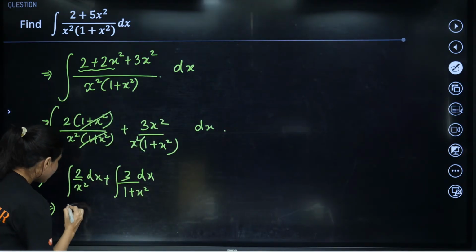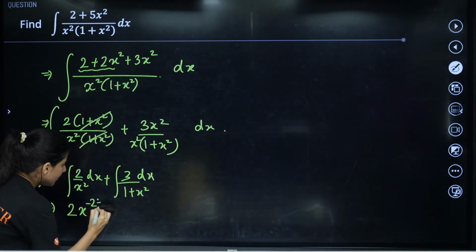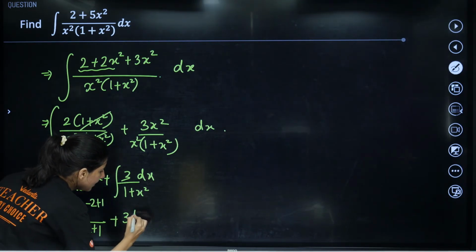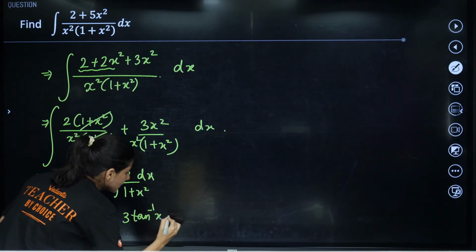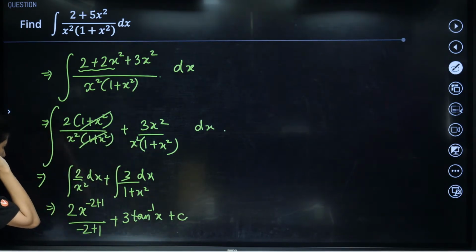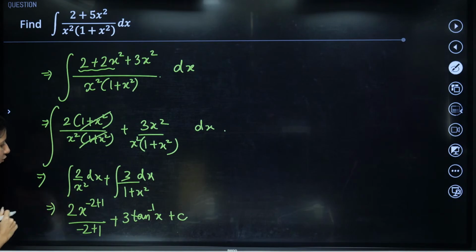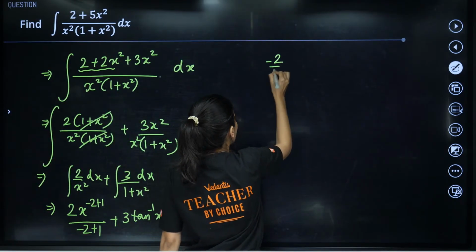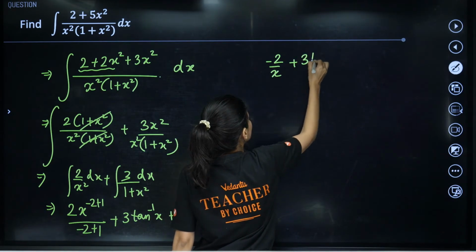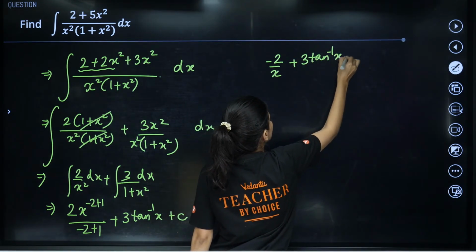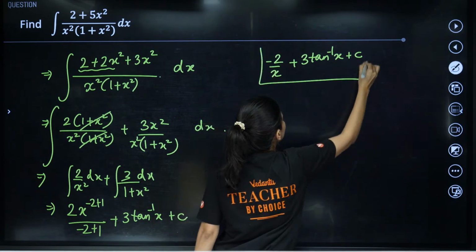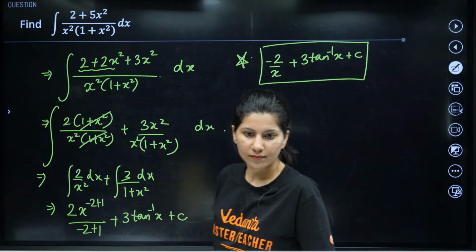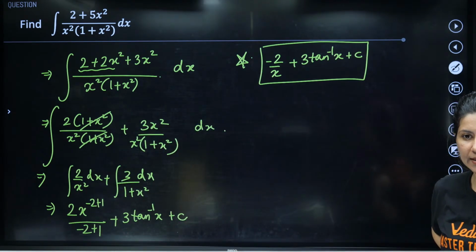So now the integral of x to the power minus 2 will be x to the power minus 2 plus 1 over minus 2 plus 1, plus 3 tan inverse x plus constant. So this is going to become what? Minus 2 by x. Finally it will be minus 2 upon x plus 3 tan inverse x plus constant of integration. Yes? Clear?